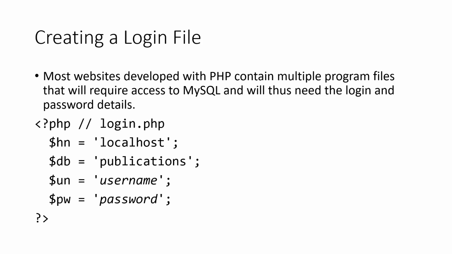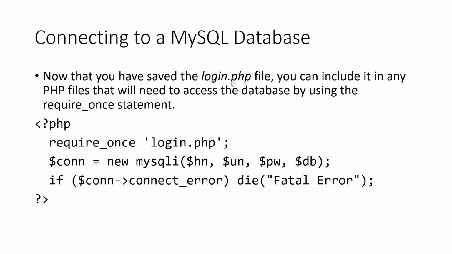And then the database that you want to connect to, in this particular example, we use publications. And then we can have a username and password. So those things we can keep in a separate file. So every time you need it, you may actually use this. So remember the use of the require and include methods. So you can use one of these depending on your requirement.